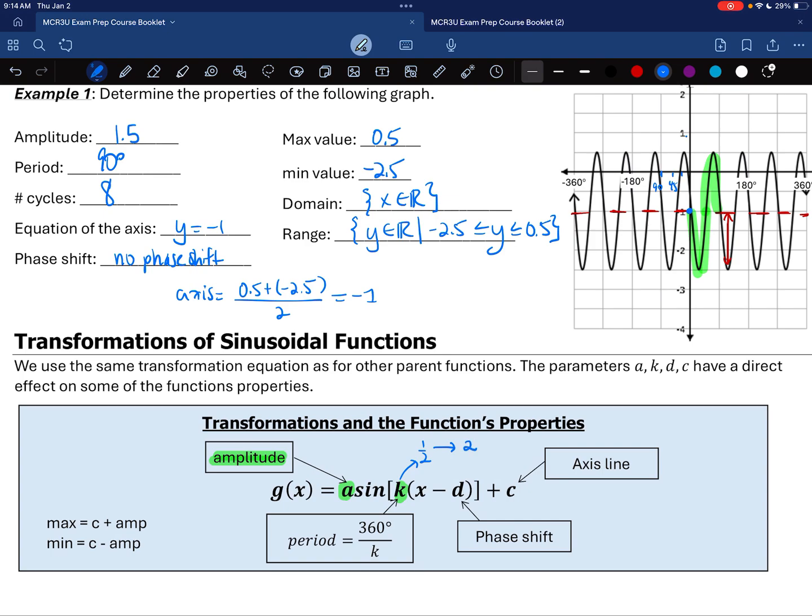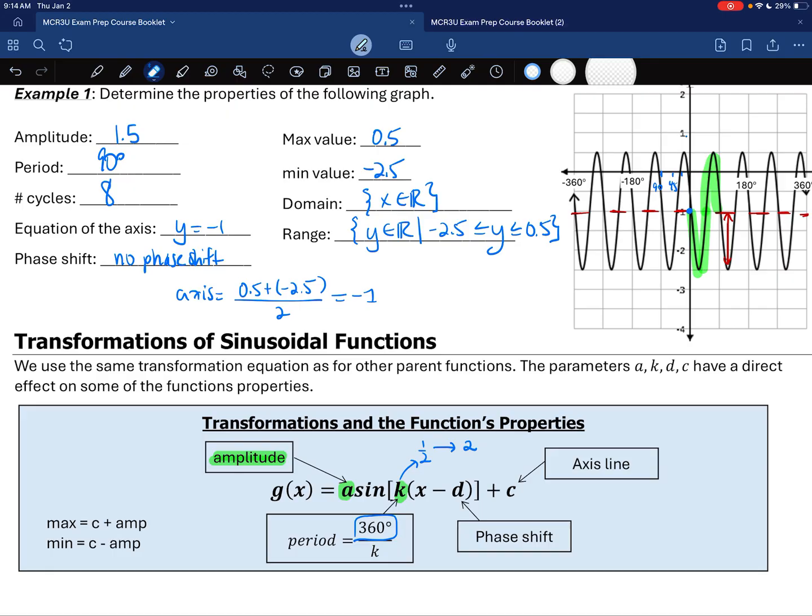And so if I am stretching a period of 360 by 2, I've now doubled the period. So now the period is 720. That's the same thing as taking 360 and dividing it by my k value. 360 divided by 1/2 is the same thing as multiplying by the reciprocal. So that's doubling it. You don't necessarily need a formula.